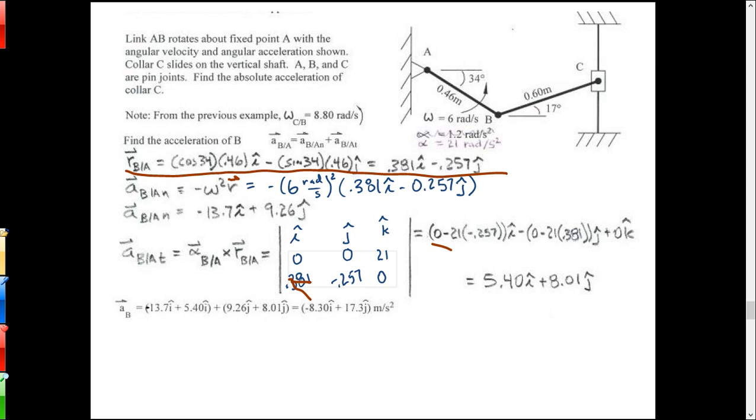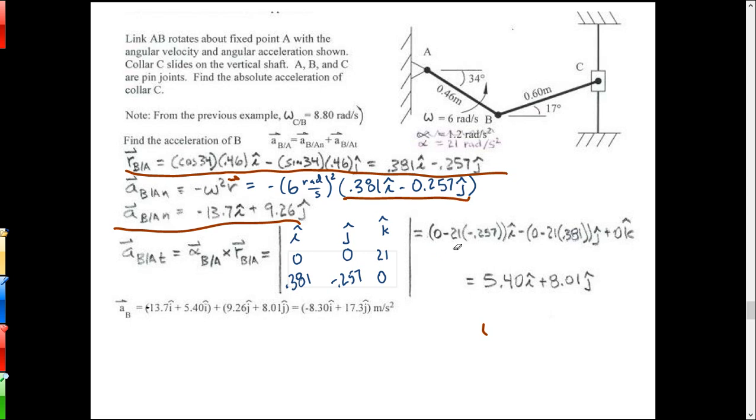The purpose of that negative is to turn the vector around so it goes from B towards A instead of A towards B. Multiply it by the vector itself that we just calculated, and you'll get the normal acceleration vector for the acceleration of B with respect to A.